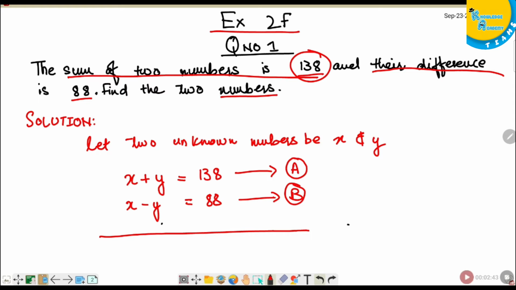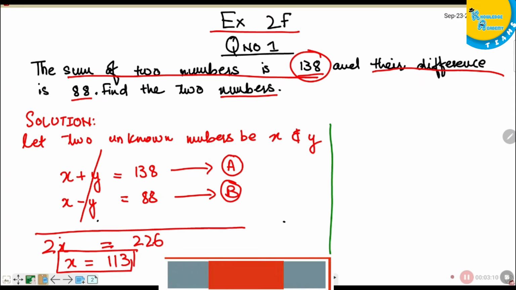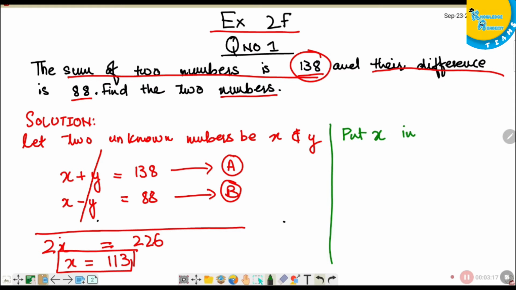So to eliminate the y variable, x is equal to 113. Now I'm going to put the value of x in equation A, then we'll get the value of y.